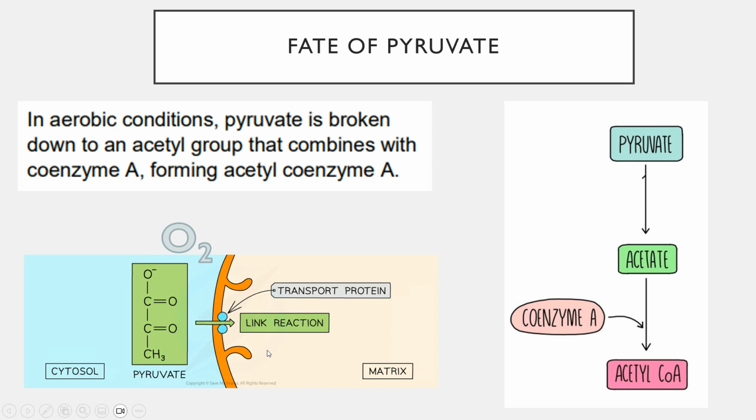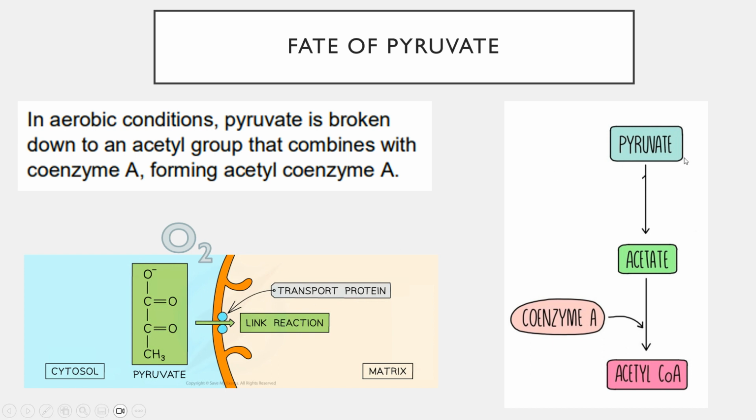So now that we have the pyruvate, what happens to it? What's its fate? Well, so long as you have aerobic conditions, i.e., oxygen is available, the pyruvate will leave the cytoplasm and enter into the mitochondria, where it can take part in what's known as the link reaction, what links glycolysis to the subsequent stages of respiration.